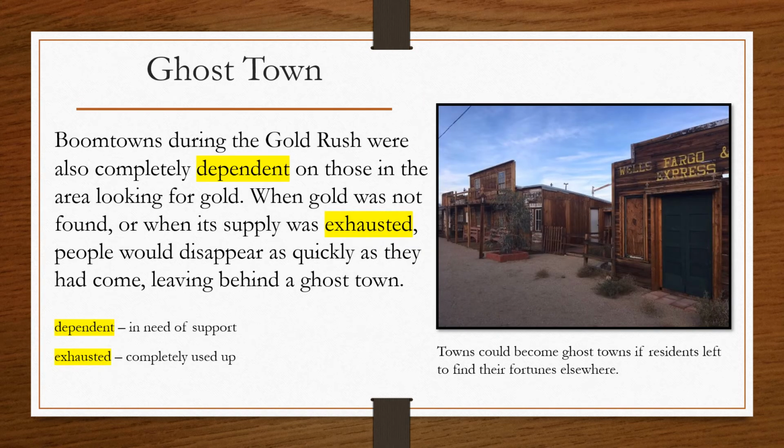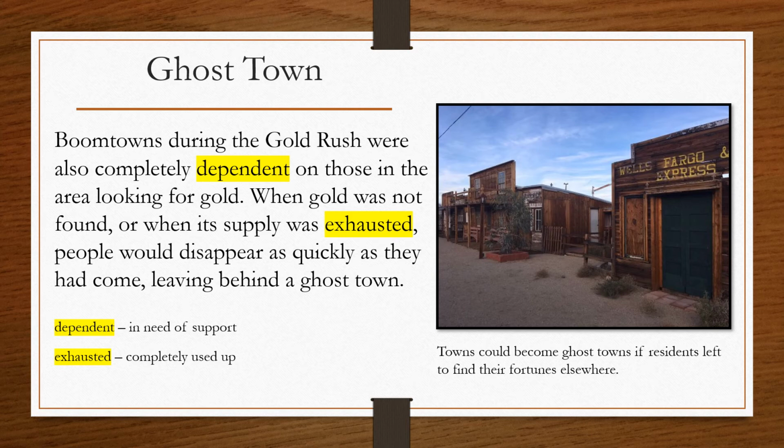Some of these boomtowns eventually became ghost towns, so let's read. Boomtowns during the gold rush were also completely dependent on those in the area looking for gold. When gold was not found, or when its supply was exhausted, people would disappear as quickly as they had come, leaving behind a ghost town. So the word dependent means in support of.